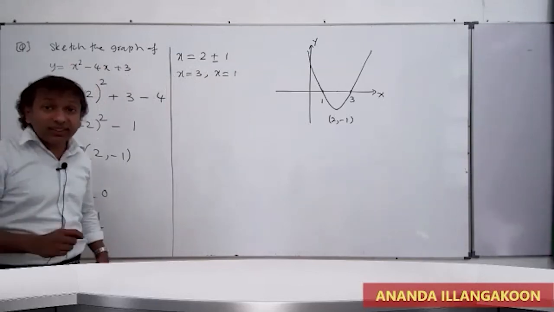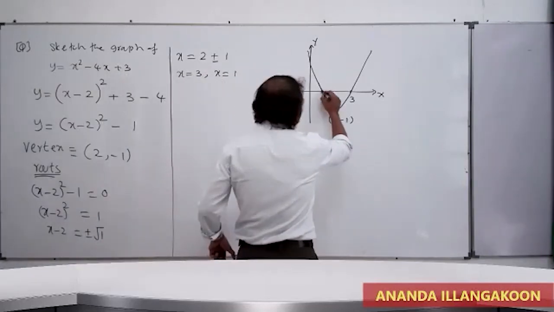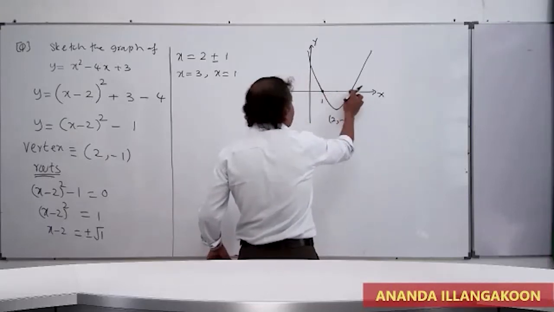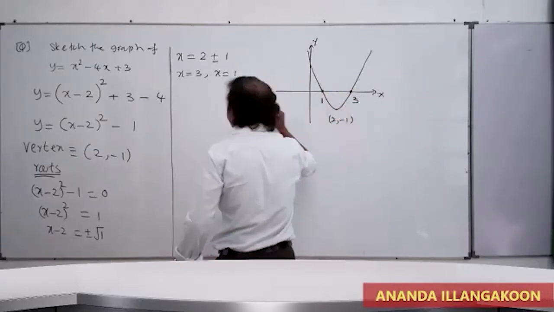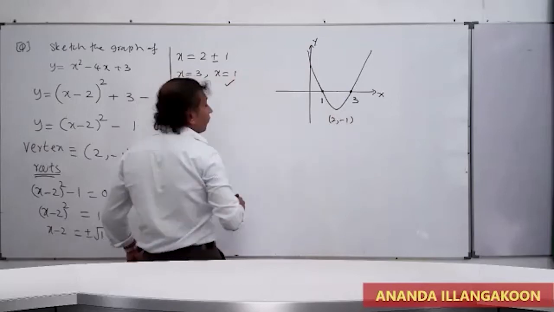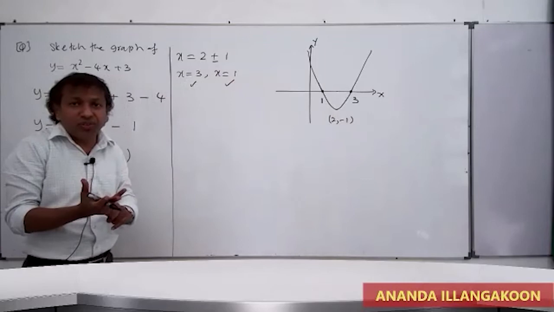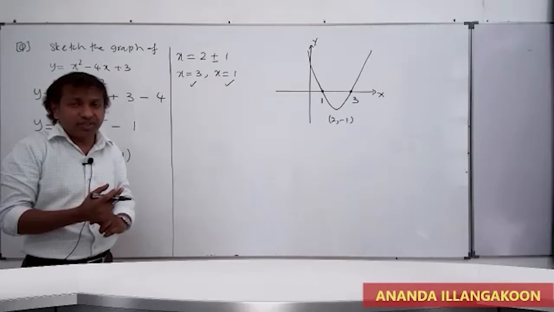Now you can see the graph cuts the x-axis at 2 different points. The two roots, one is 1, the other one is 3. The two roots are different.